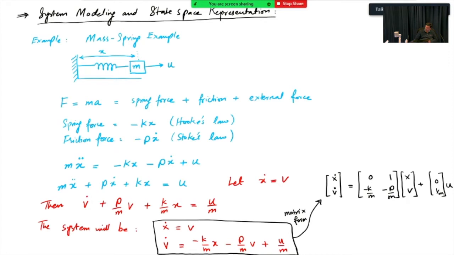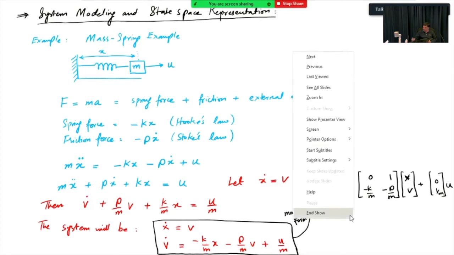Okay, so this matrix representation is called a state space form because it tells you how the states evolve over time. So this is a linear differential equation, and let me write the general form of the state space representation as follows.